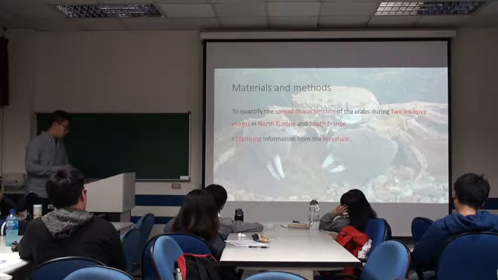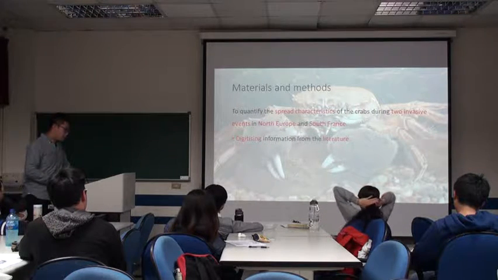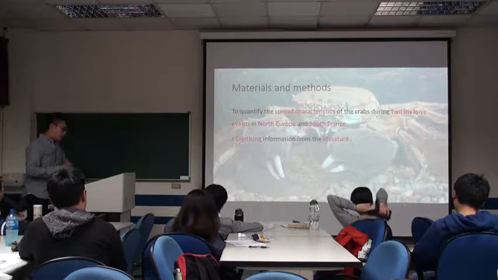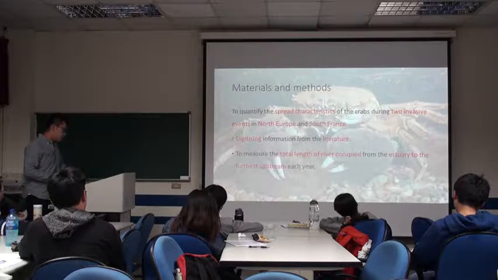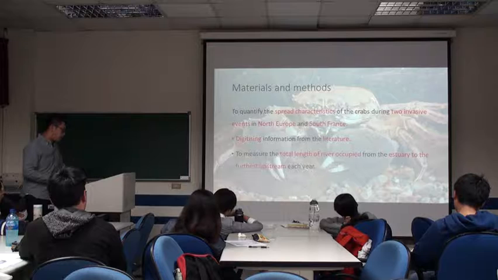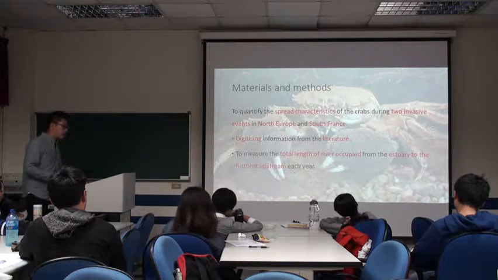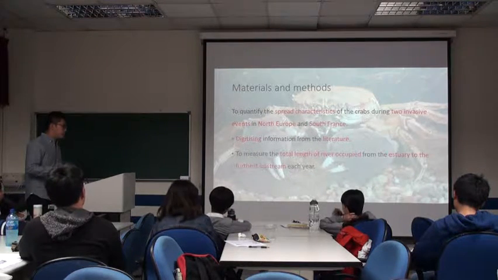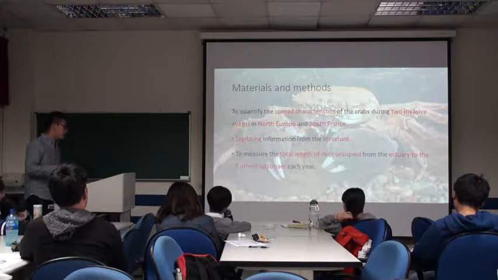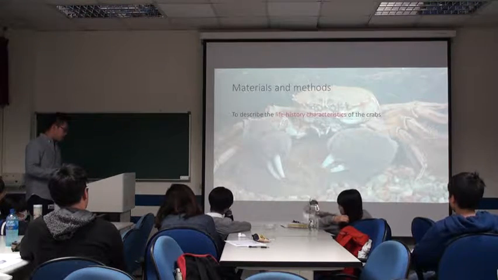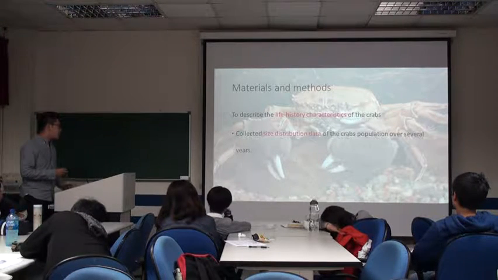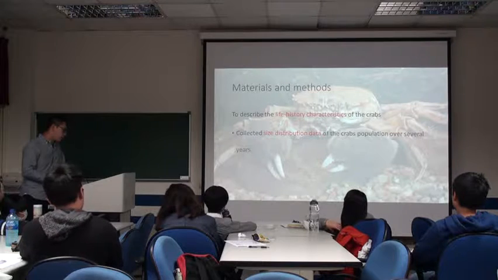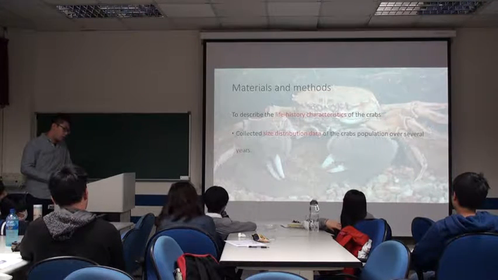They digitized information from the literature, and they measured the total length of river occupied from the estuary to the furthest upstream each year by software. And to describe the life history characteristics of the crabs, they collected size distribution data from the crab population over several years.